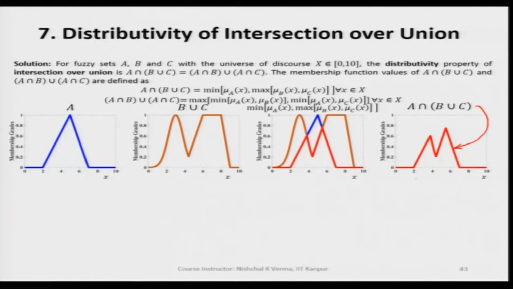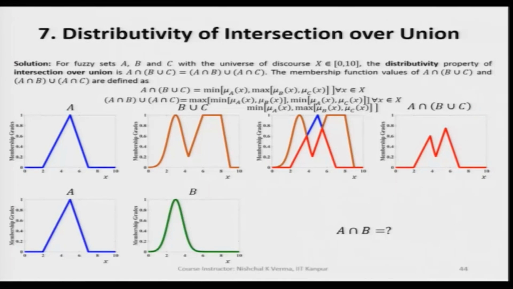So, we will keep this outcome here, and then now we will try to find the union of A intersection B and A intersection C, and let us see if this is coming out to be same as this or not.